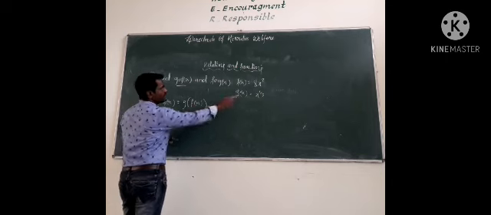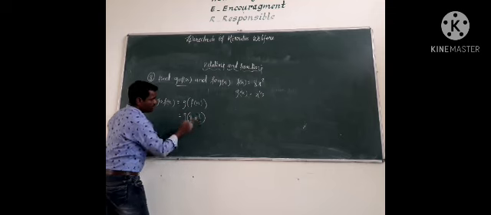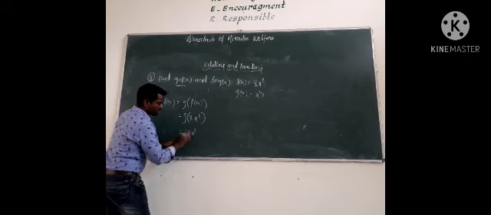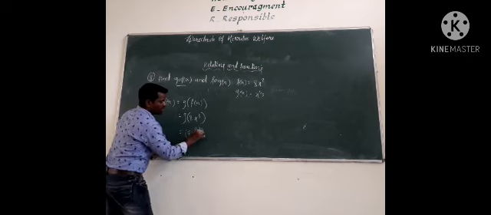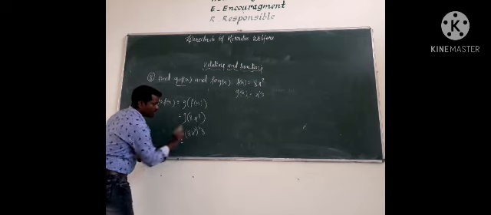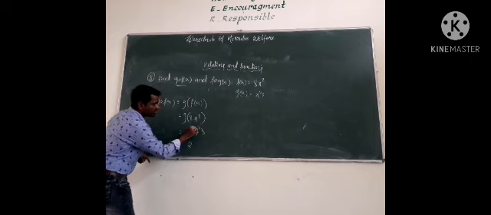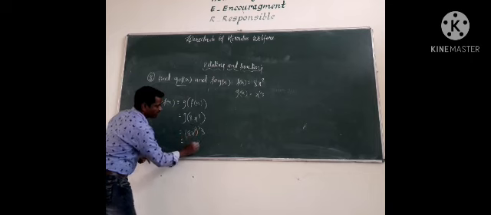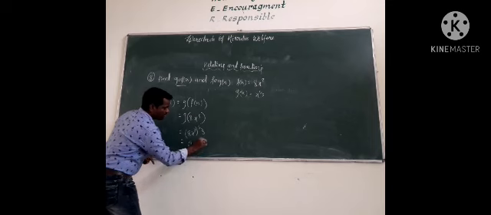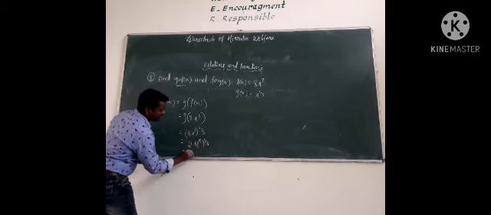G of x is given x to the power 1 by 3, x means this whole term, 8x cube. Now it is x power 1 by 3. Okay. Now 8 power 1 by 3 means 2. Here this and x cube power 1 by 3. That is 3 cancel, 2x.